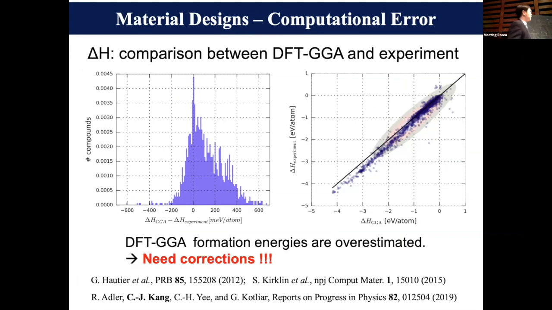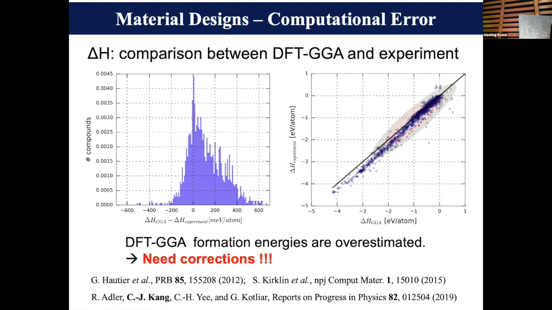These figures show the computational error in DFT GGA formation energy. In the left-hand side figure, the x-axis shows the energy difference between the GGA and experimental formation energy, that is the computational error, and the y-axis shows the number of compounds. As you can see, for most compounds, DFT shows significant error. This error is clearly shown in the right-hand side figure.